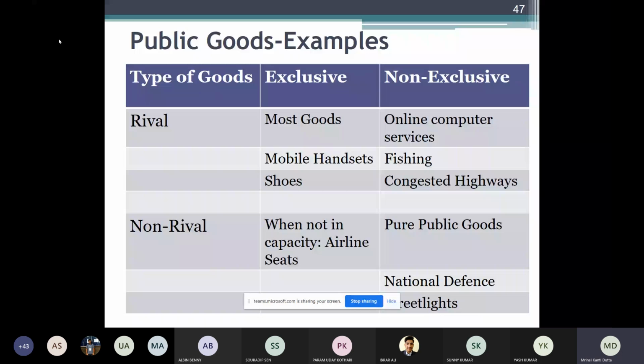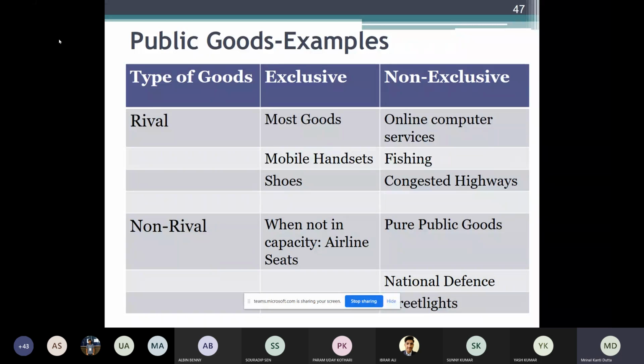So in that sense, it has the exclusive characteristic. At the same time, it is rival in nature also. Your mobile handset you are making use of, somebody else cannot make use of that, or in a sense, the amount available to others will be zero. It's not equal. So this is a kind of private good which has the characteristics of rivalness and exclusiveness.